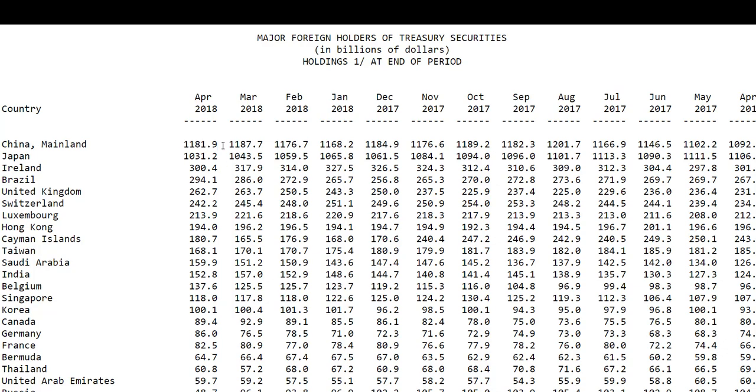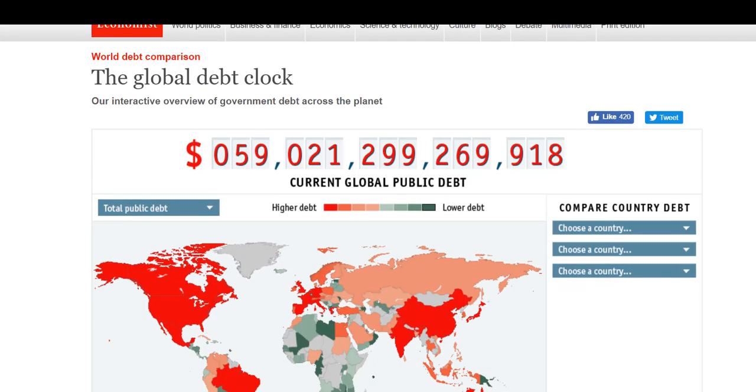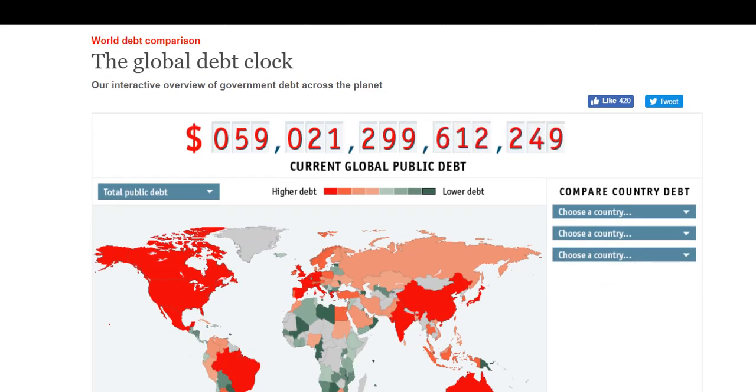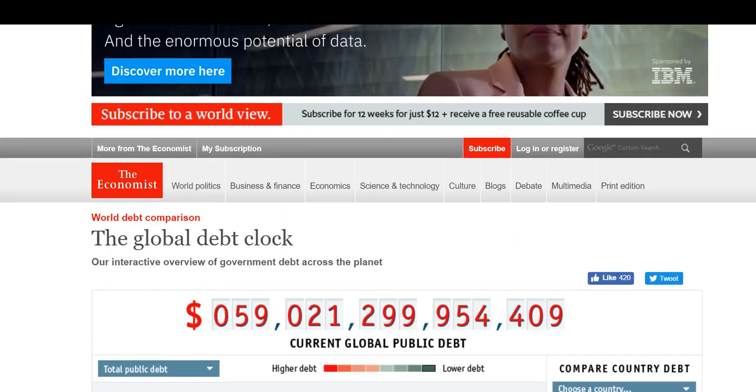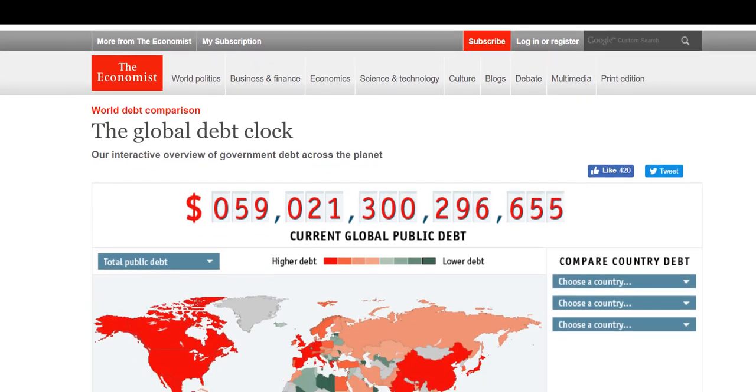Now, how big is this amount lent from China relative to the total debt issued by our government? In this context, it is worth looking at how indebted other countries are. I am at The Economist magazine.